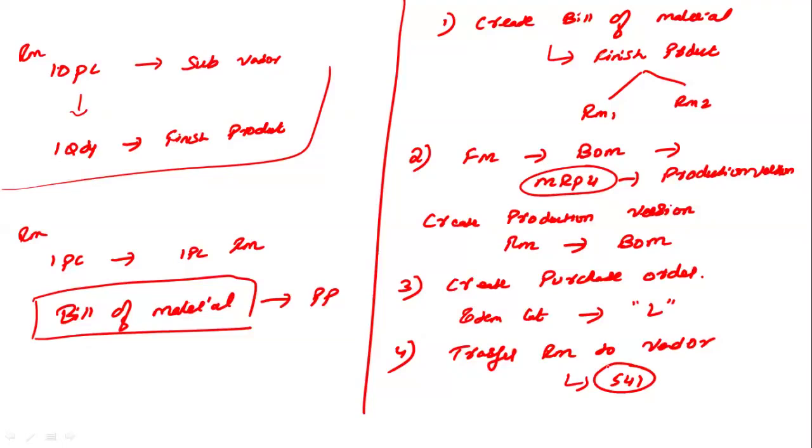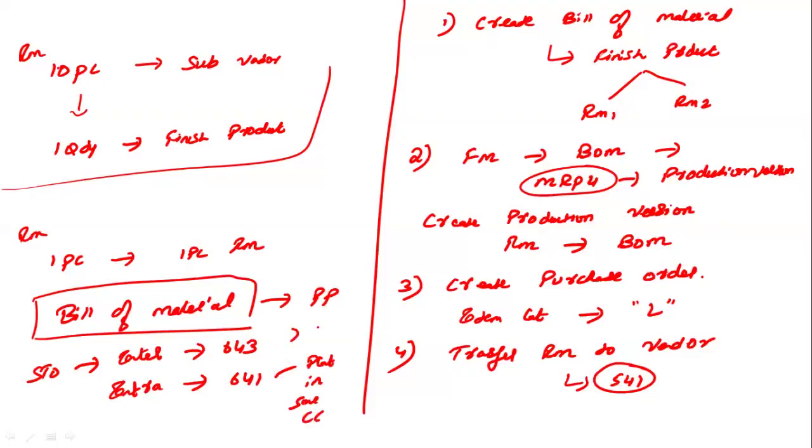When the plants are in the same company code, then the movement type is 641. For inter, it is 643. For intra, it is 641. This is plants in the same company code, and 643 is plants in different company codes.